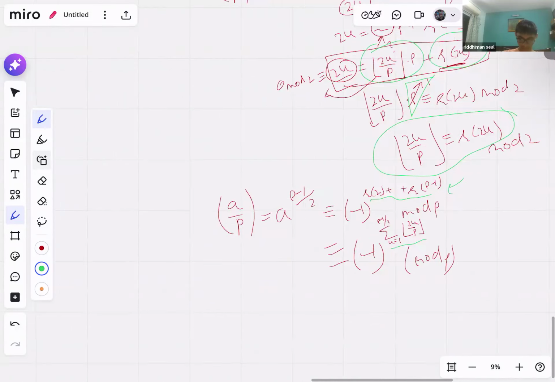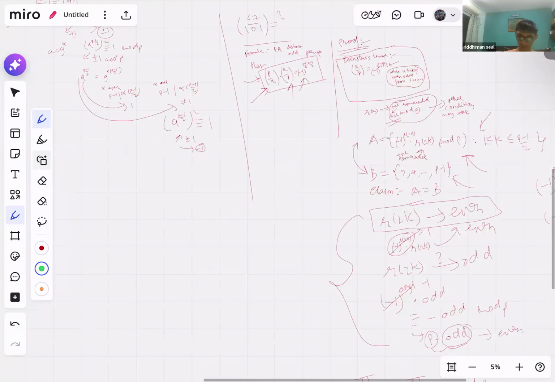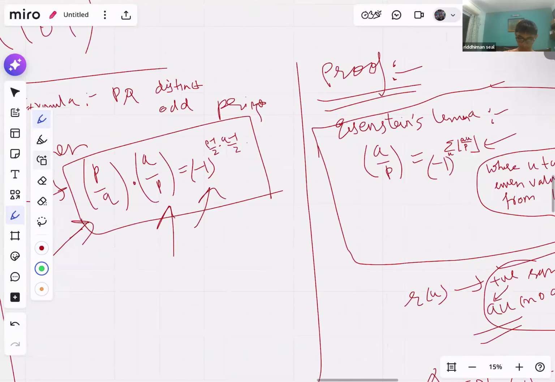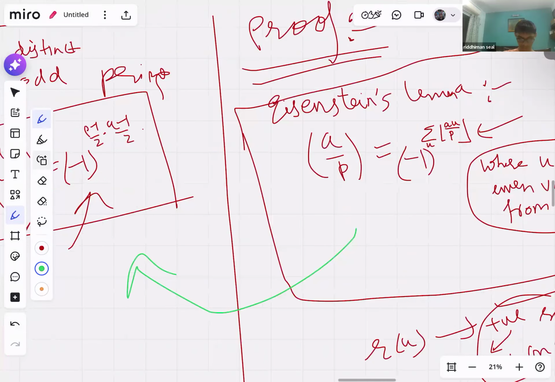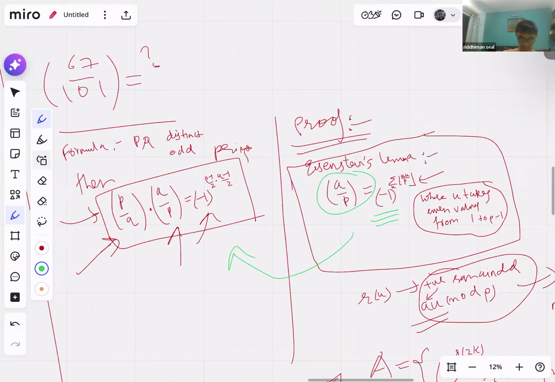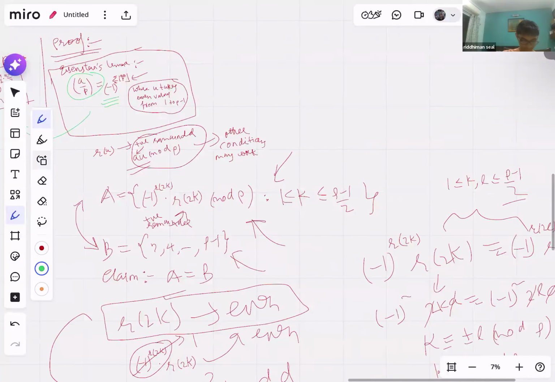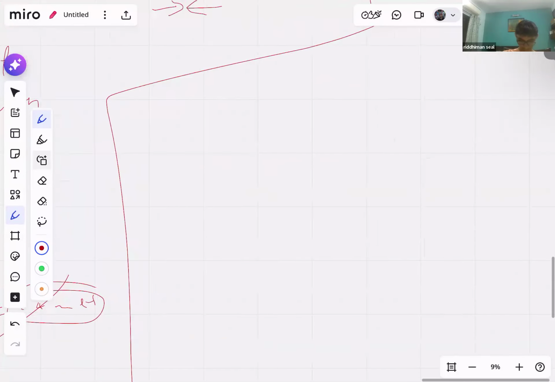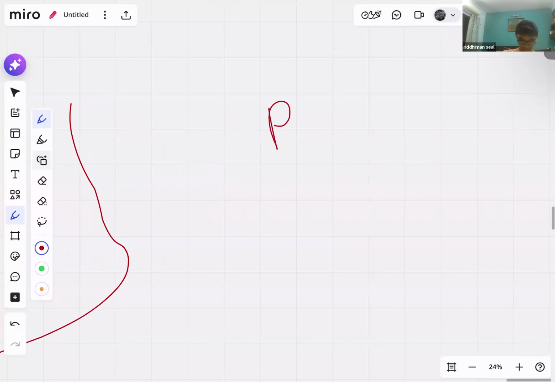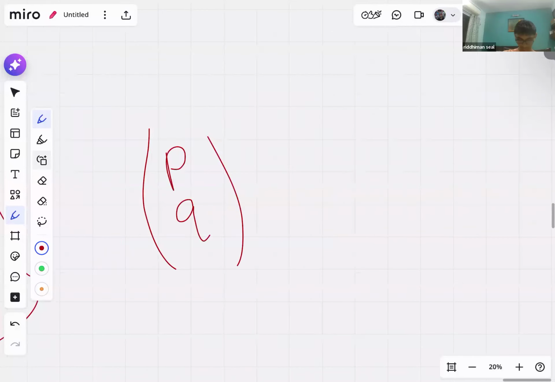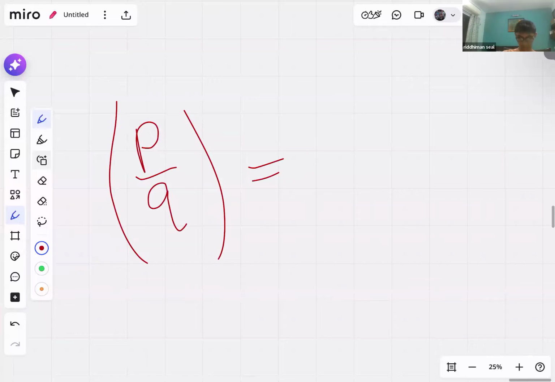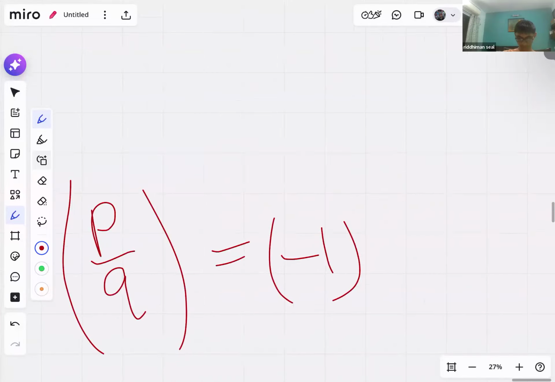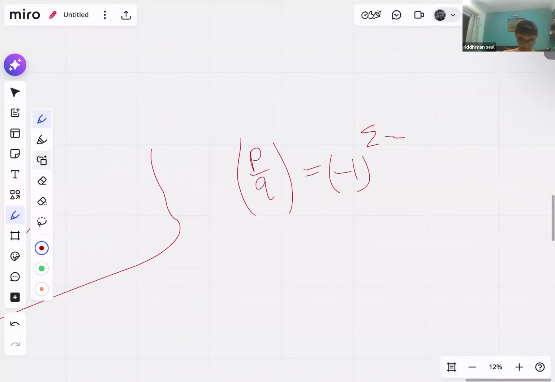Okay, good. Now you can probably see how this relates to this. As in, we have a minus 1 in the Legendre symbol. Okay, I'll just go here. It is equal to minus 1 to the power of some summation, I'm not writing that.